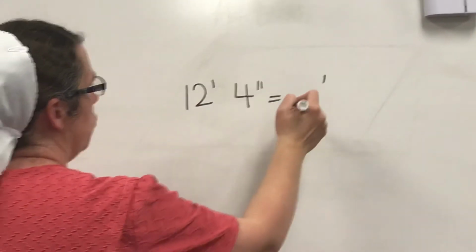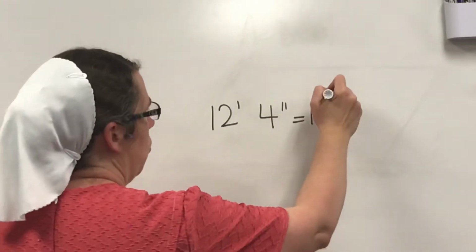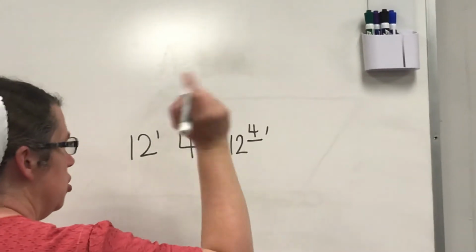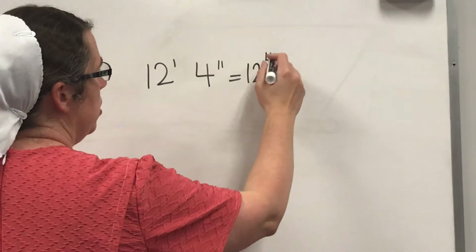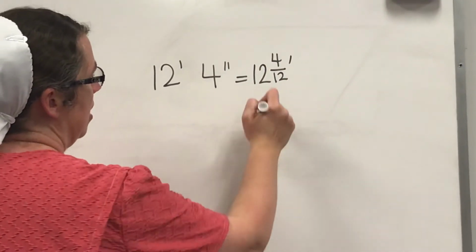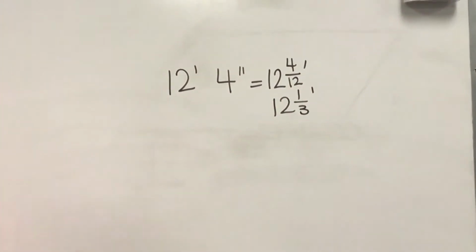Remember, you've already got 12. You just carry that over and you put 4 over, how many inches are in a foot is 12. And then you need to reduce that. 4 over 12 is actually 12 and 1/3 feet.